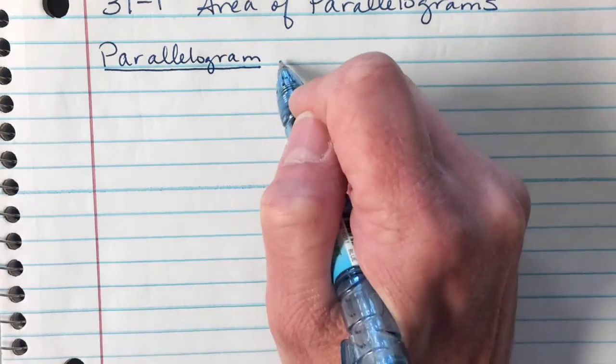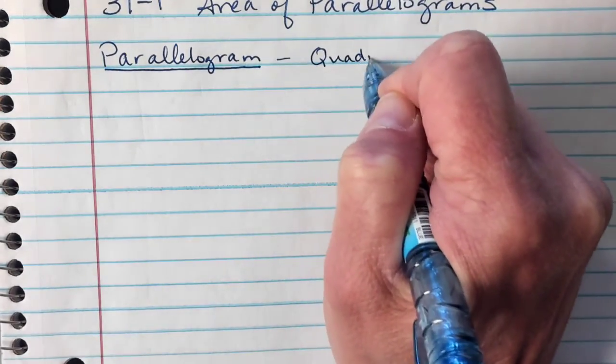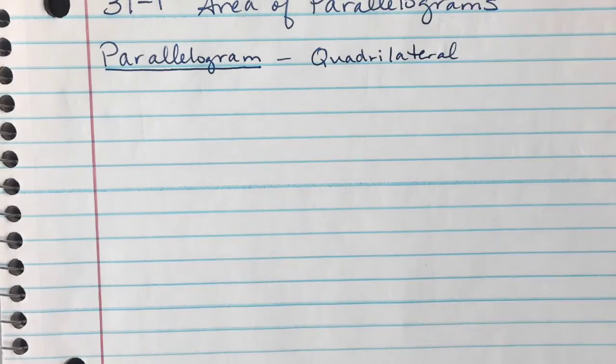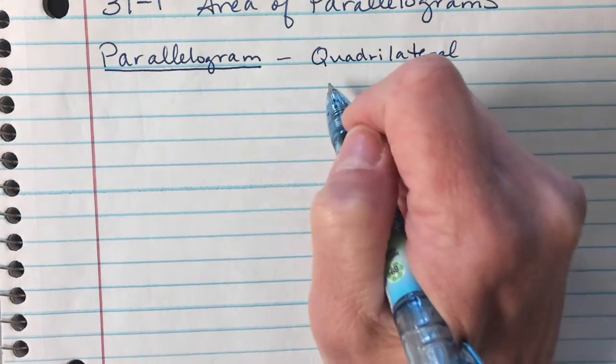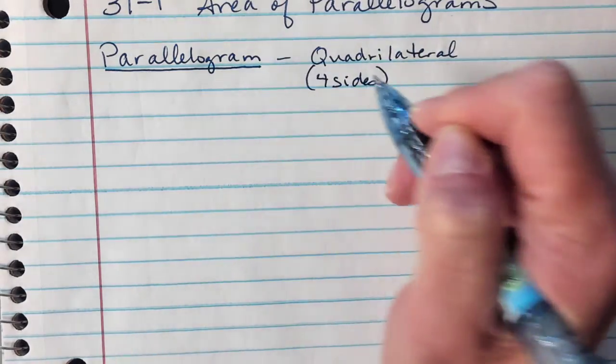A parallelogram is actually a specific type of quadrilateral. When we call it a quadrilateral, that means that it has 4 sides.